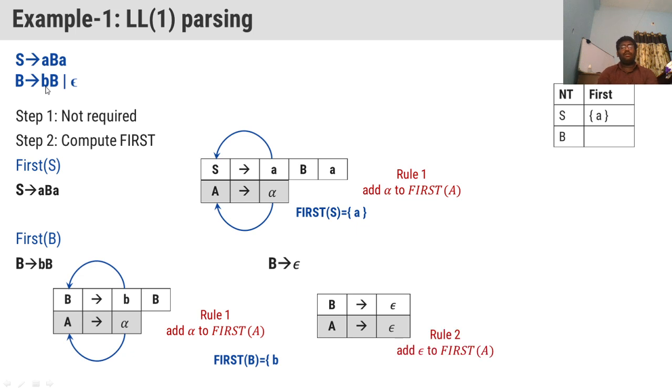We add epsilon to the first of A. So this is how we are going to find the first sets.